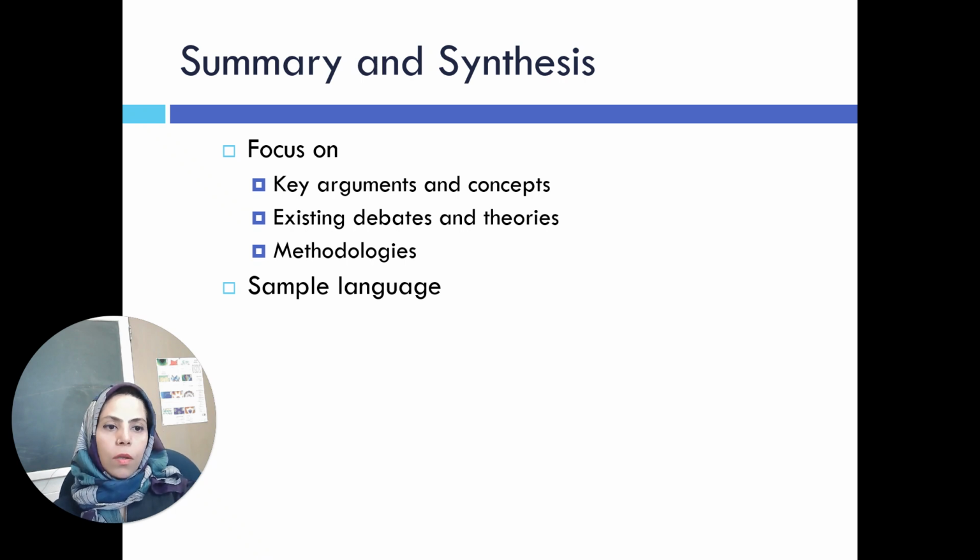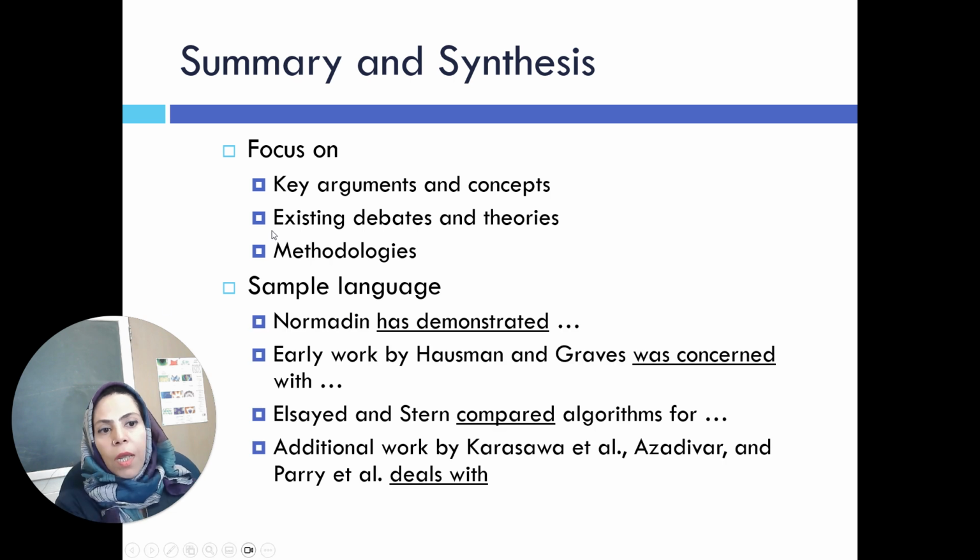And while you're writing, you have to understand you have to write in the language in which researchers write their literature review, which is a simple language. You always start with the study name.